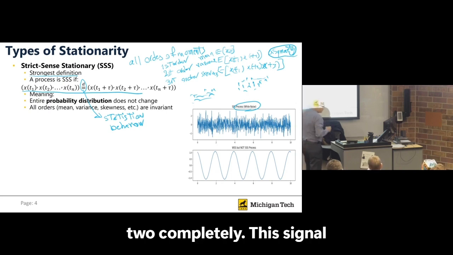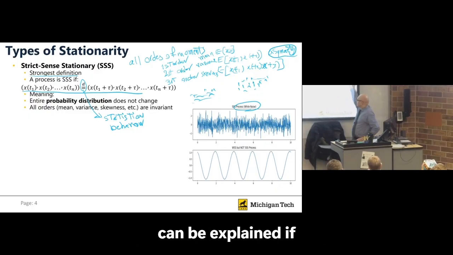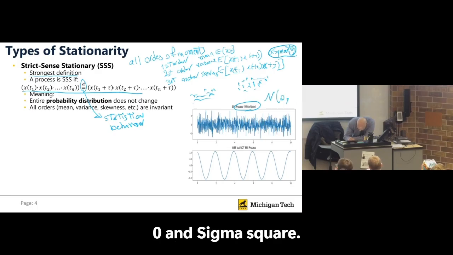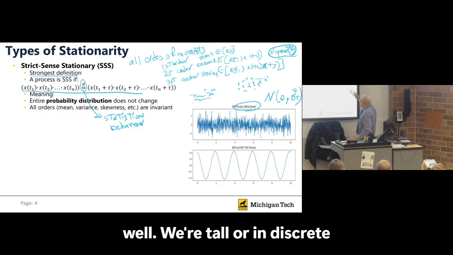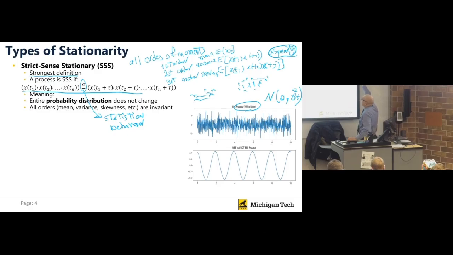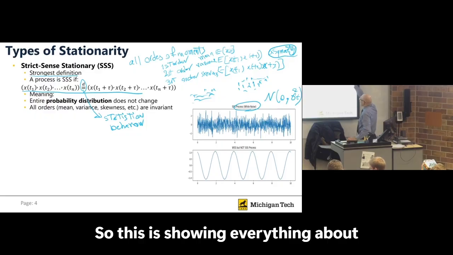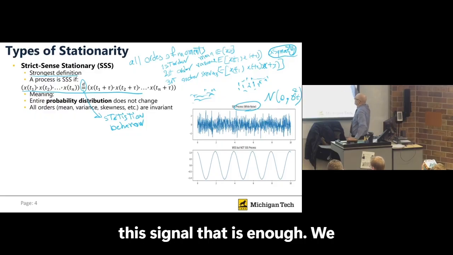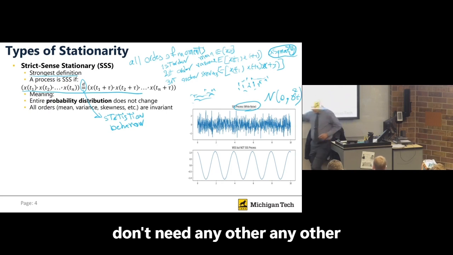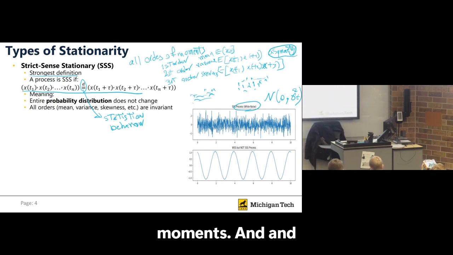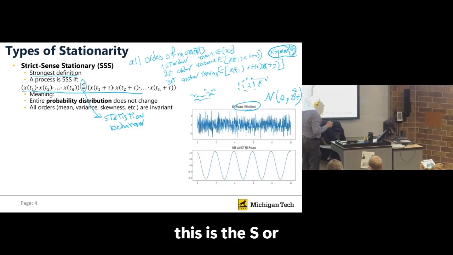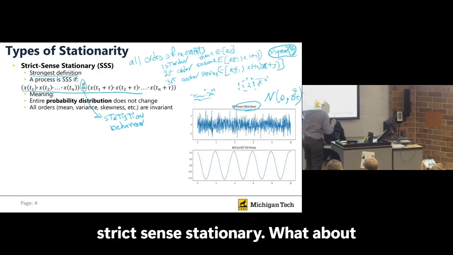With these two, this signal can be completely explained. If you just write normal 0 and sigma square, here we have one t as well, or tau, or in discrete form delta t. These two are constant. So this is the SSS, or strict sense stationary.